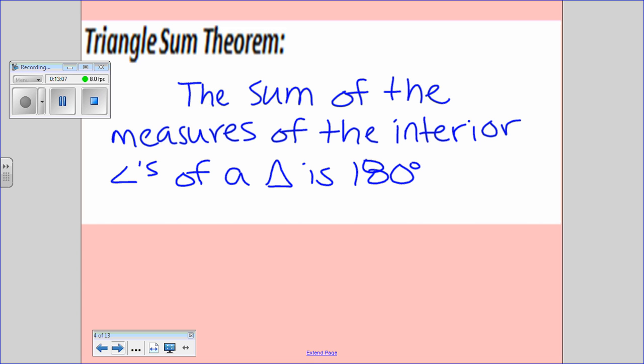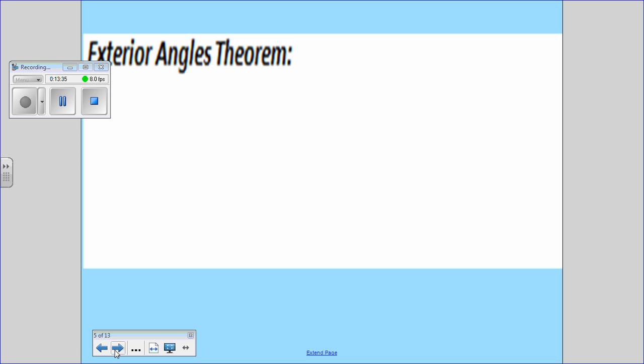The sum of the measures of the interior angles of a triangle is 180 degrees. Loki shared that with us when we were talking about what you know. So we have an interior angles theorem.